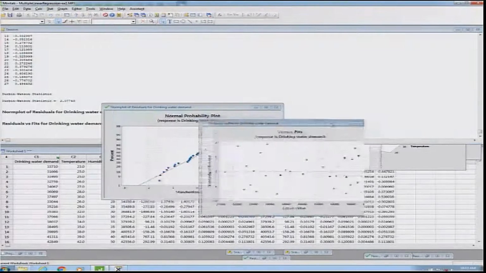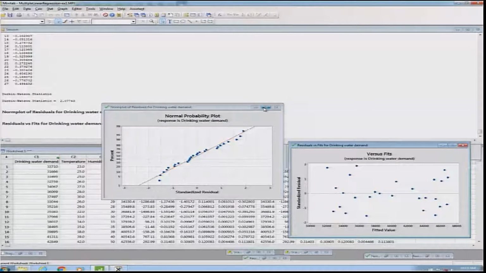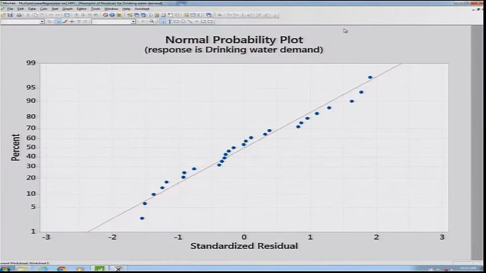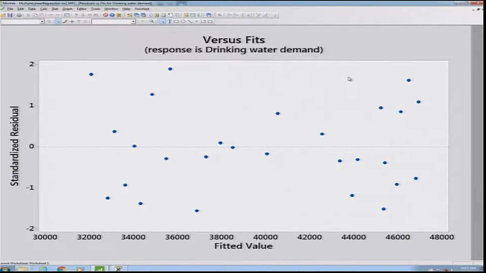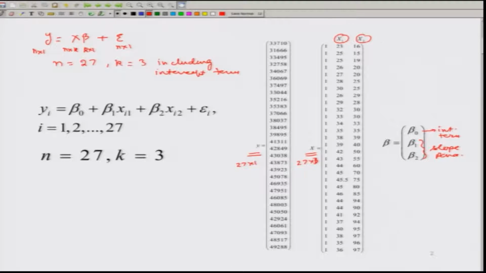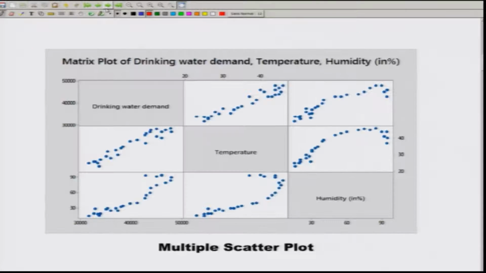You can see here that we now have these two graphics when the residuals are standardized. This is the normal probability plot, and this is the standardized residual versus fitted value plot. Okay, so now we have stored all this information, and we will try to understand the interpretations and other things for these results.